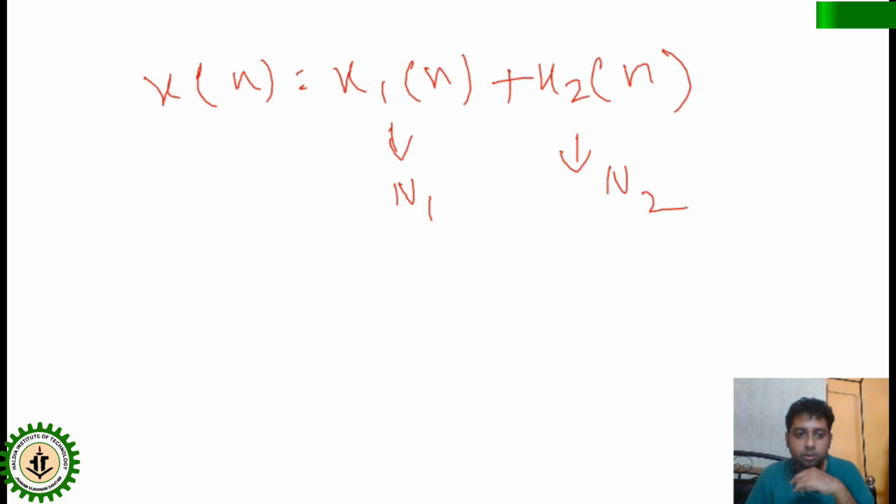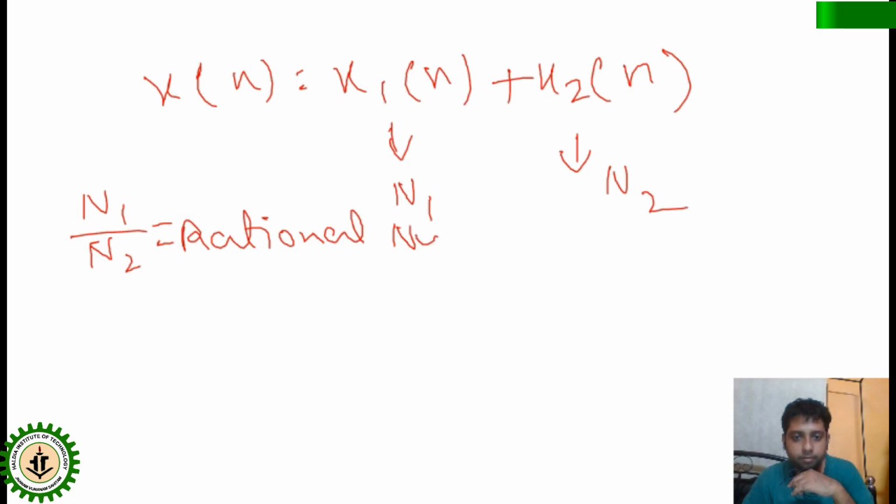Now for the signal to be periodic, the ratio n1 by n2 must be a rational number. If the n1 by n2 ratio is a rational number, then the signal is said to be periodic, otherwise not. And what is the formula for the fundamental period of the overall signal?